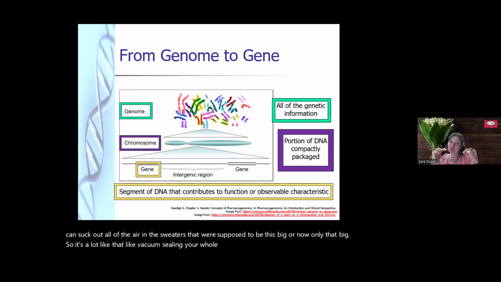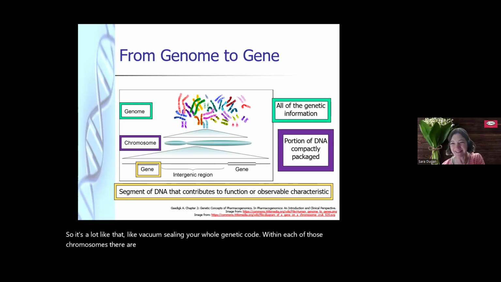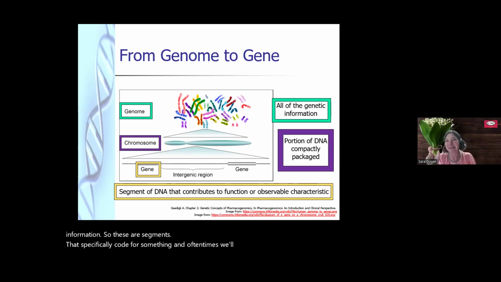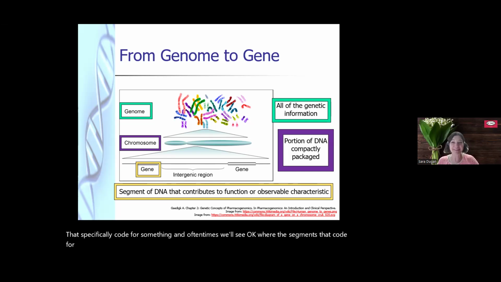Within each of those chromosomes, there are genes. That was where we thought we were going to get most of the information. These are segments that specifically code for something. Oftentimes we'll ask, where are the segments that code for this enzyme? Where are the segments that code for this neurotransmitter? We'll talk about the serotonin transporter later.